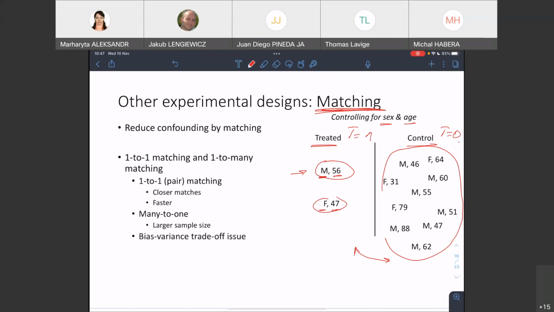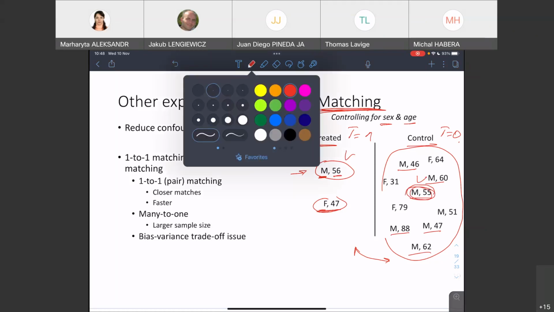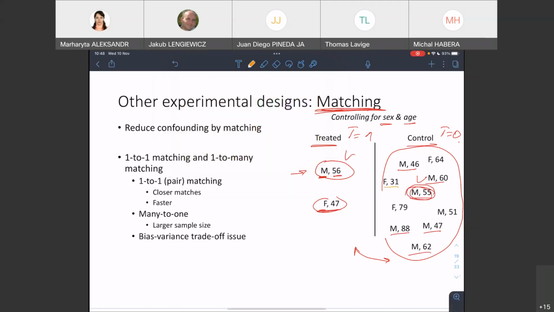So for example, we need a male. These are possible males. And we choose the one that has the closest value of age, that is this one. So these two elements will be selected. Female, age 47. These are my females. So probably the closest one will be this one.